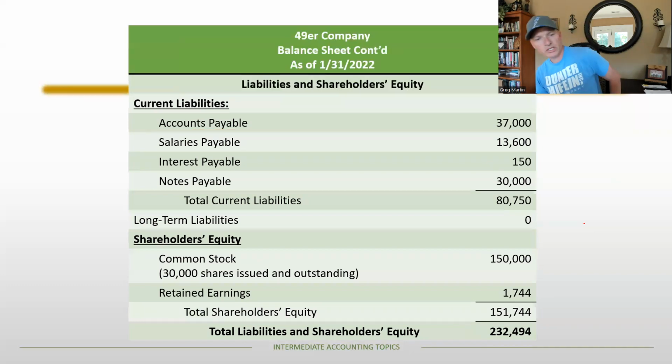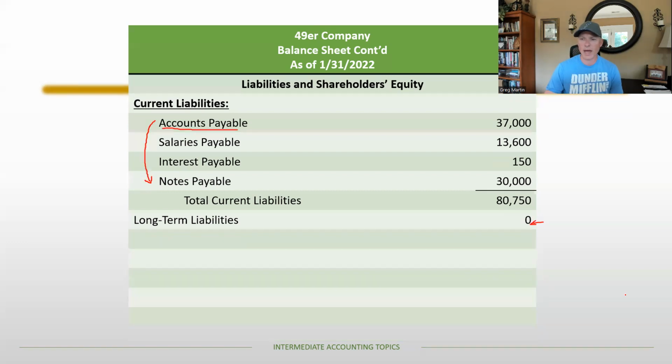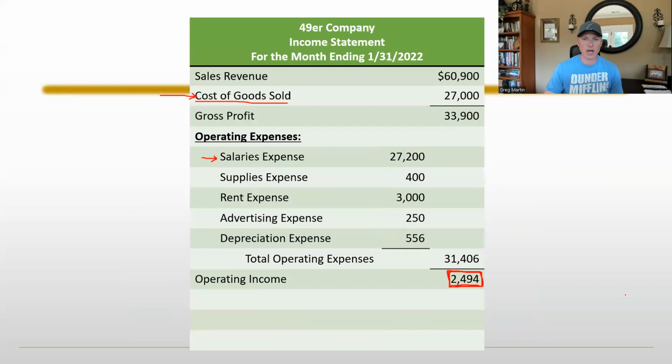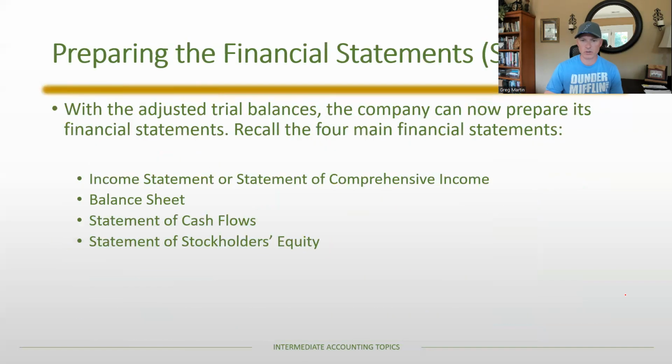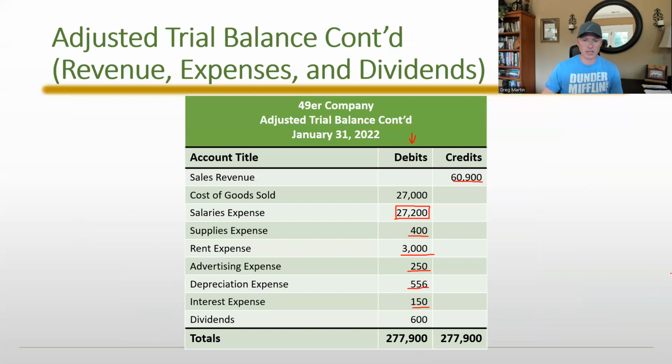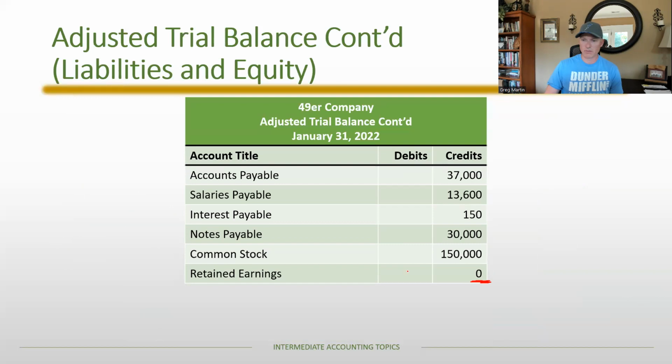On the shareholders' equity side, common stock is taken right out of our adjusted trial balance. We do have 30,000 shares issued and outstanding. That's a normal disclosure on a balance sheet; it's just information that's shared. One thing I want to highlight, though, is look at the balance in our retained earnings account. It's $1,744. But if we go back to our adjusted trial balance, you can see that the balance in our retained earnings account is 0, right?